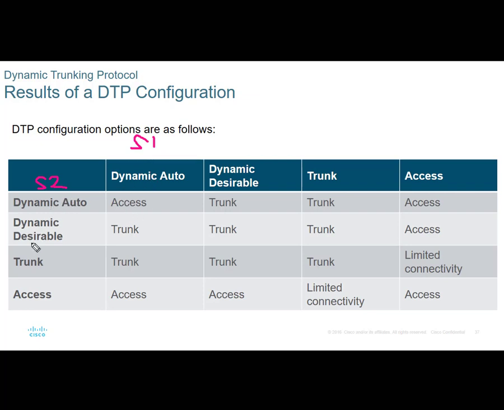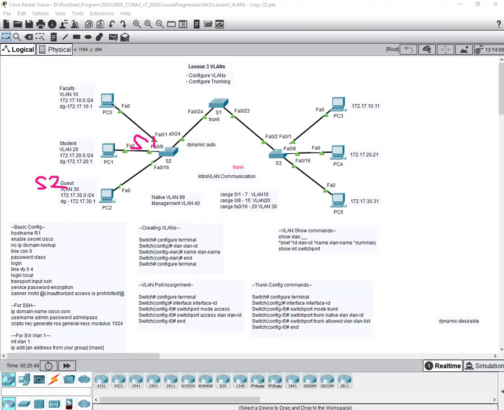If it's dynamic desirable and dynamic auto, it becomes a trunk link. So this is the comparison, and it's all to do with the protocol itself. The protocol negotiates through DTP messages and that allows it to do that. So that's basically it.